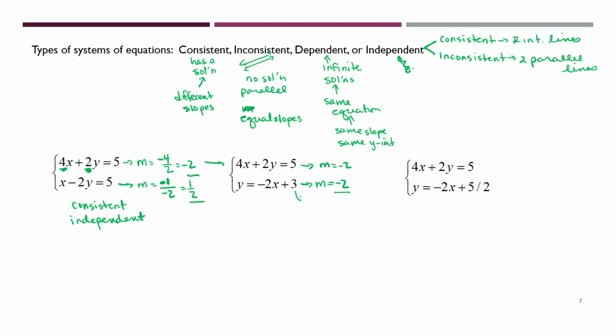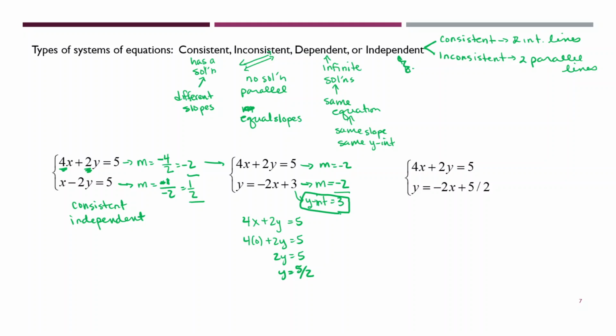So this one has a y-intercept of 3. But what is the first equation's y-intercept? For that, I need to actually do a little investigation. To get a y-intercept, that means x is going to be 0. So that means 2y equals 5, and y is 5/2.